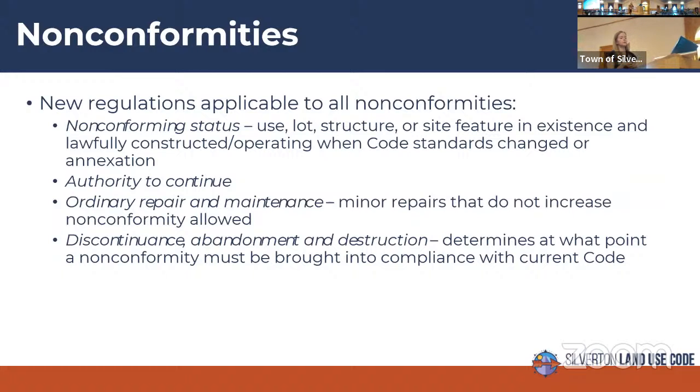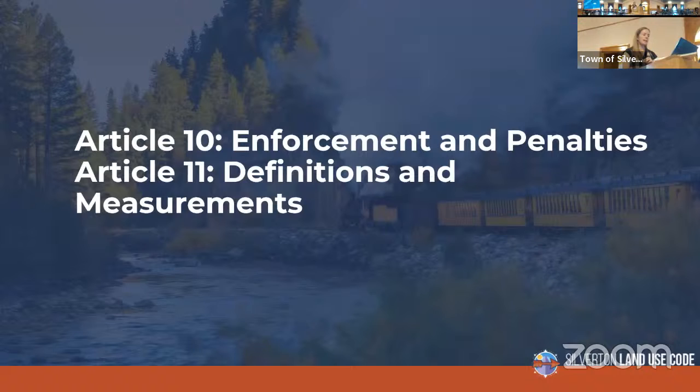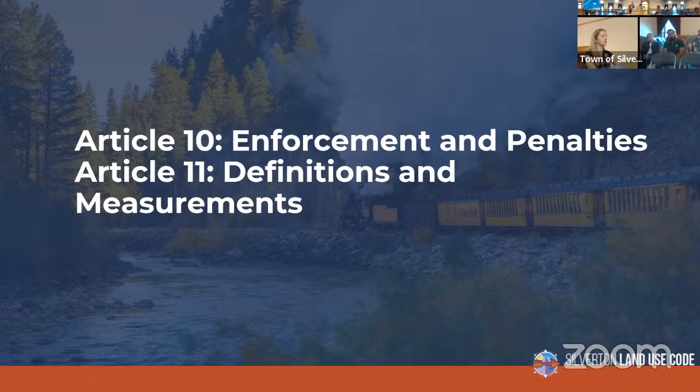And the new regulations in the land use code clarify the status of non-conforming uses, lots, structures, and site features, how much they can change, their authority to continue, as well as when they are considered discontinued or abandoned. Next slide, please. And then the final 2 articles are Article 10, enforcement and penalties, and then Article 11, which is definitions and measurements. Next slide.